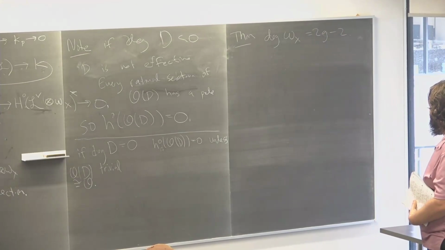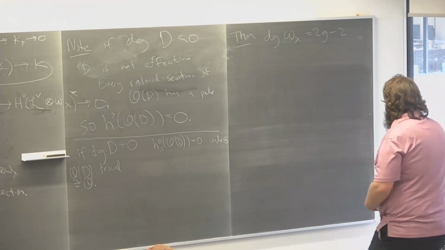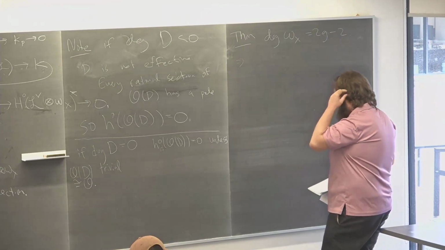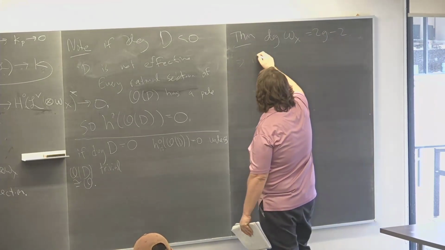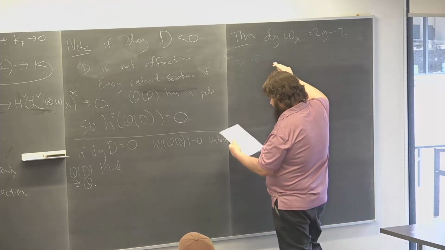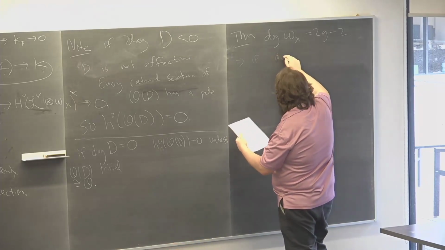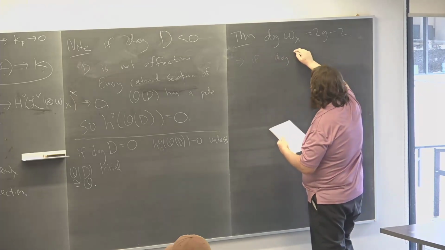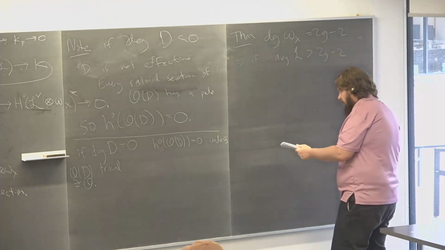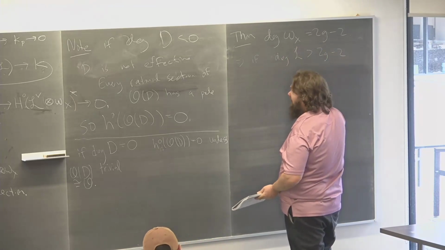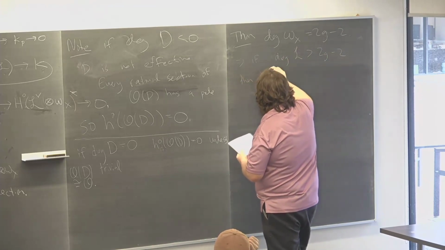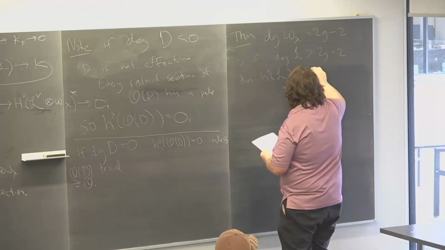All right, so that means that if I write this down, if the degree of L is equal to 2G minus 2 and it's not the canonical bundle, then H0 of L is 0.